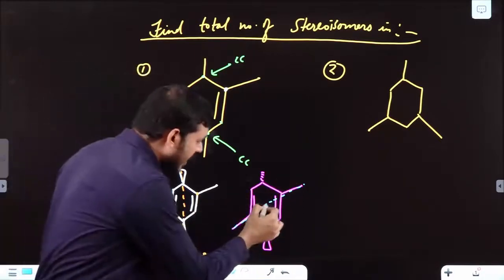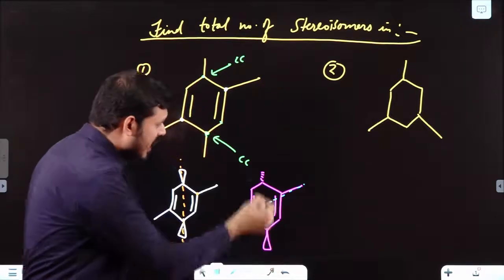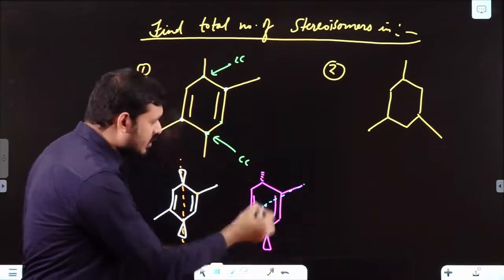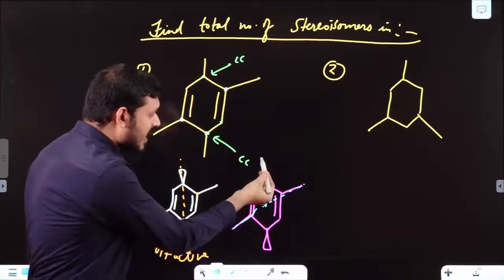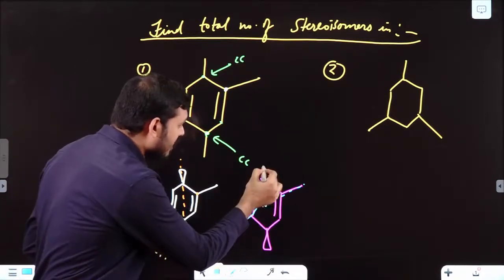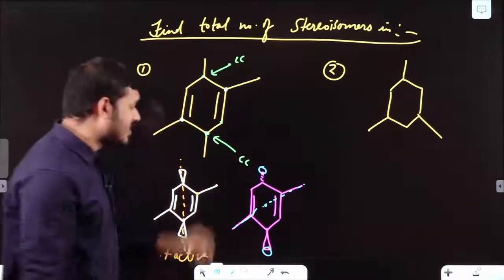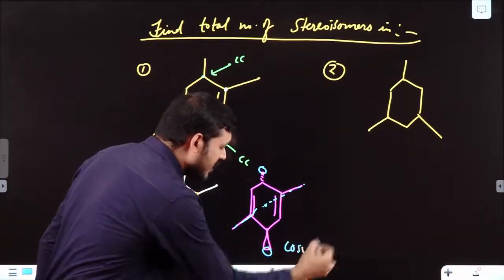Now from this center, this is towards you and this is backside of you. So if you move from this point towards methyl, that part will be upside, exactly. So this methyl and this part belong in the same line. So this part is having a center of symmetry present.